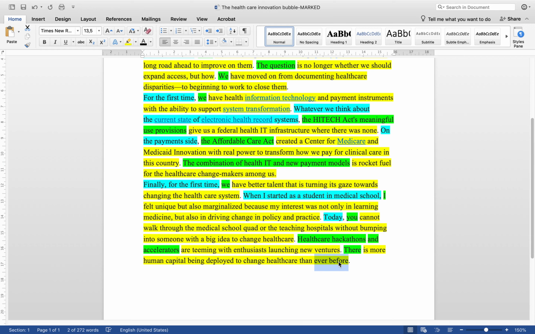Ever before is also something that people sometimes consider an orientation because it's a temporal adverbial. It says something about the time, ever before. However, it is at the very end of a sentence, and orientations are never at the end of a sentence.